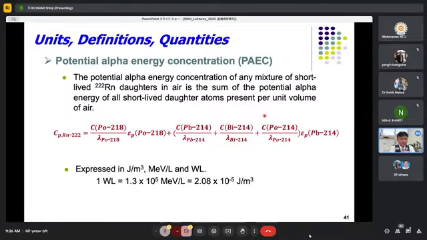Potential alpha energy concentration, PAEC. The potential alpha energy concentration of any mixture of short-lived radon daughters in air is the sum of the potential alpha energy of all short-lived daughter atoms present per unit volume of air. PAEC can be written like this. This is the activity concentration.